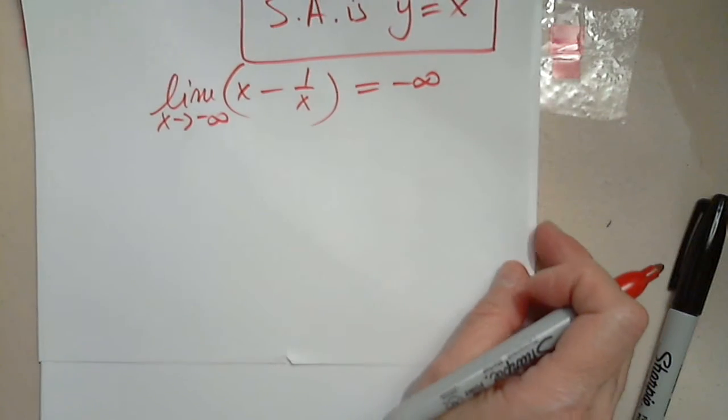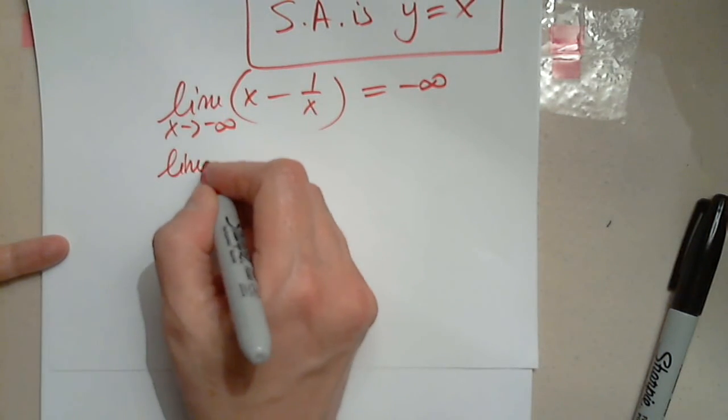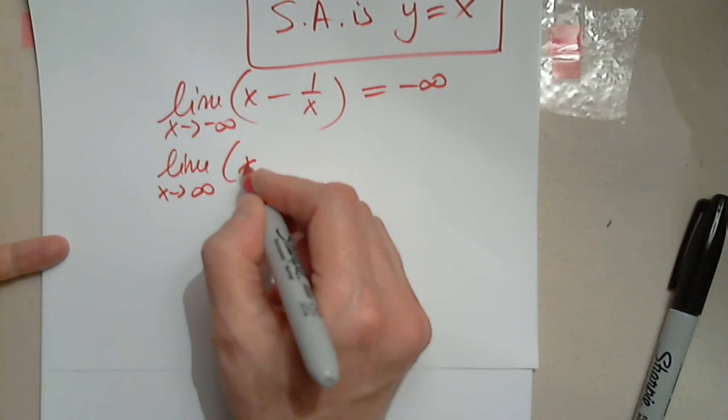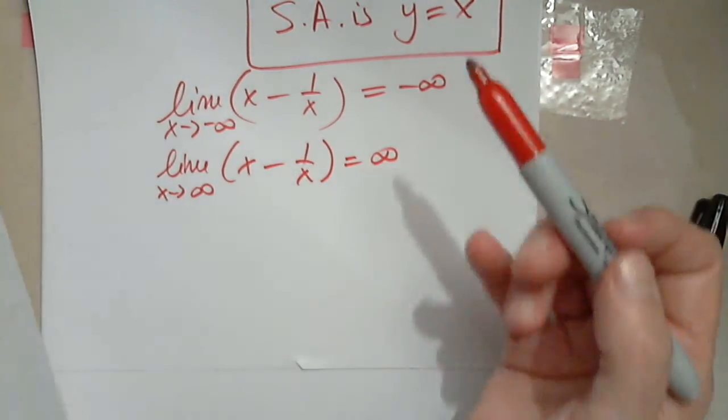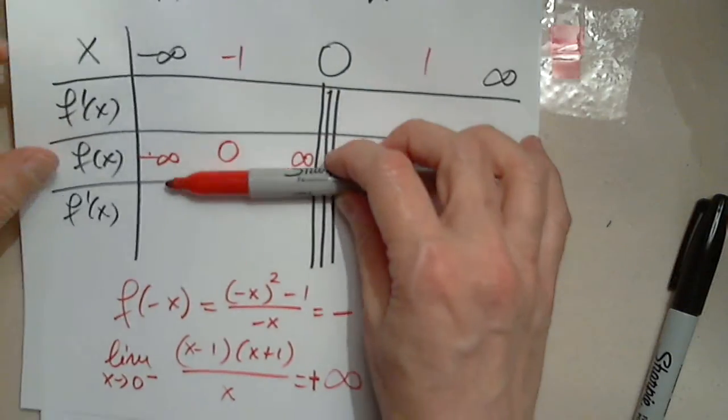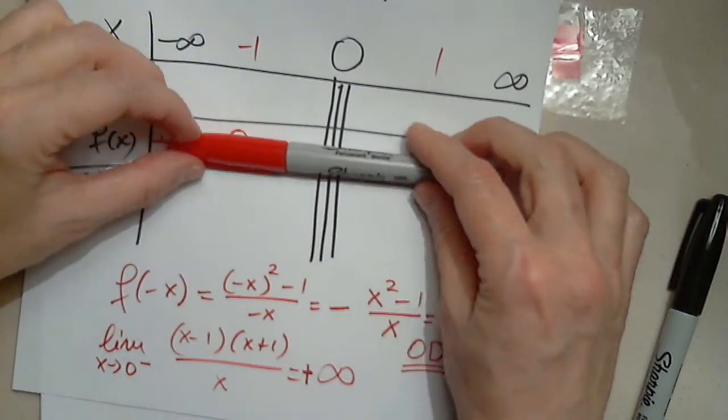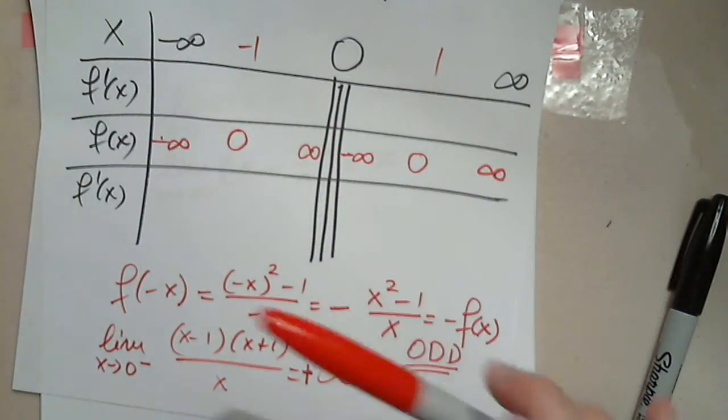The limit as x approaches infinity of x minus 1 over x is infinity. We know it has to follow the asymptote. I have completely done with the function. There is nothing else I can find about the function.